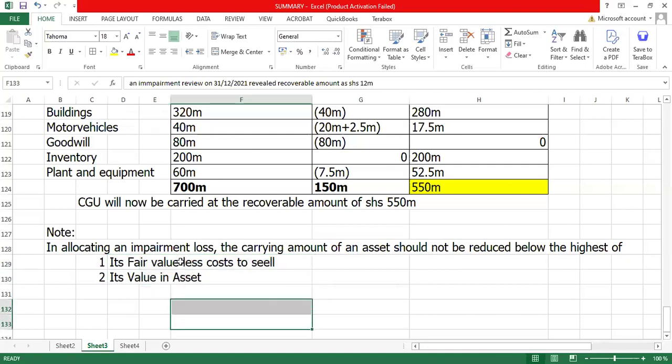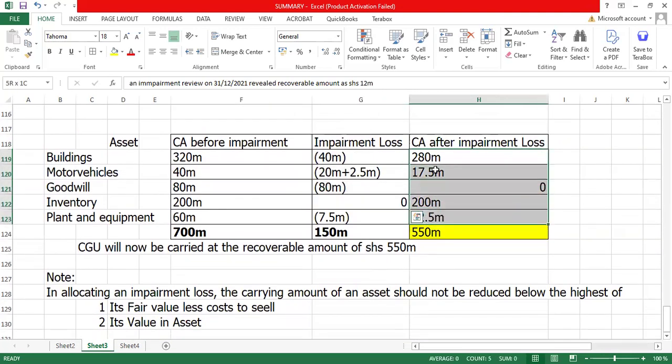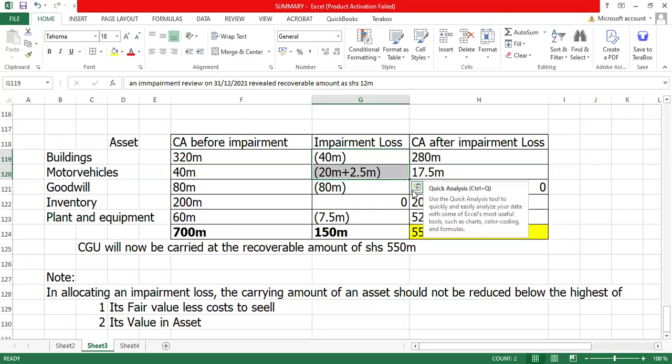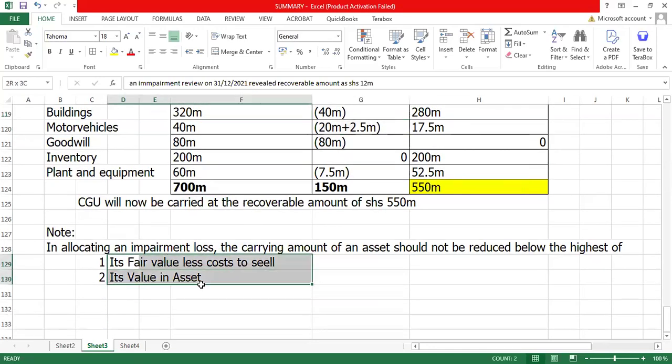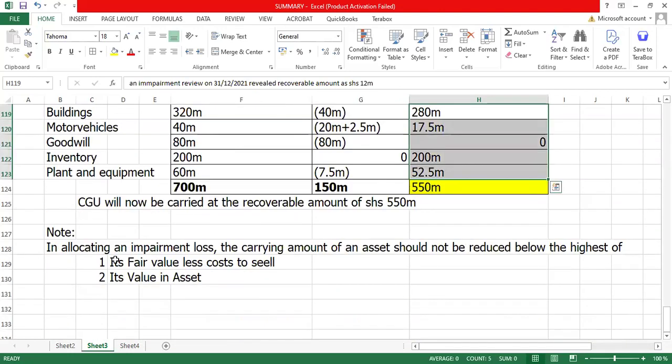So as you allocate the impairment, you need to keep monitoring what you're getting here. It should not be reduced below the highest of these. So if you realize that you're going below this, then you limit the figure, so that you allocate the impairment up to a tune that can give you this. In short, what you're putting here should not be below this.